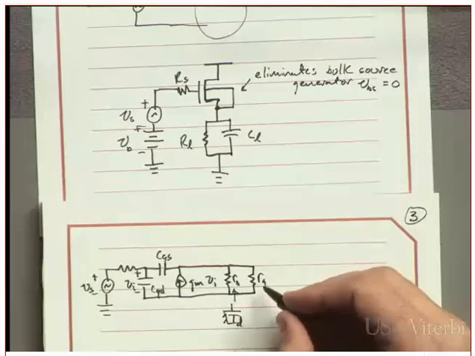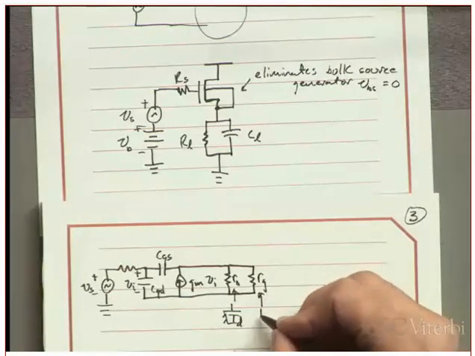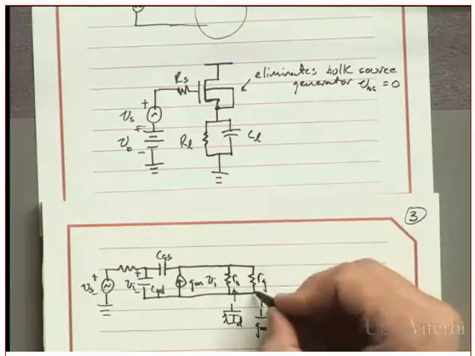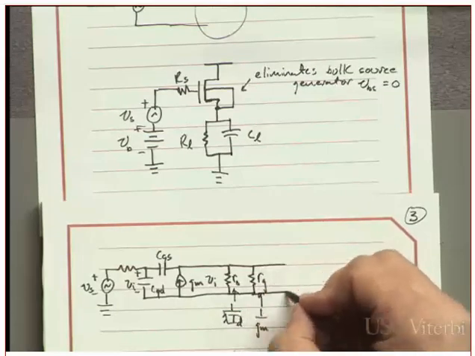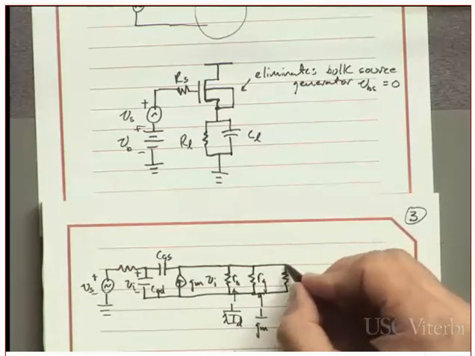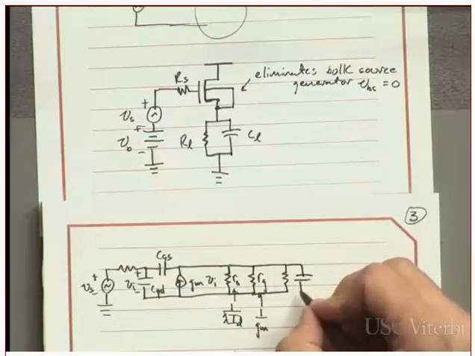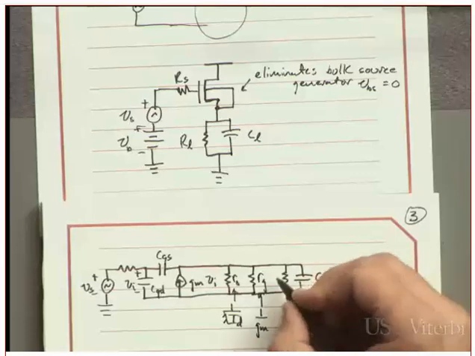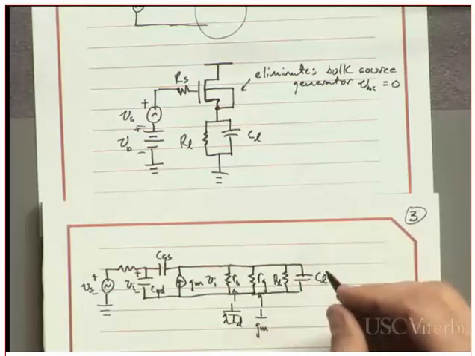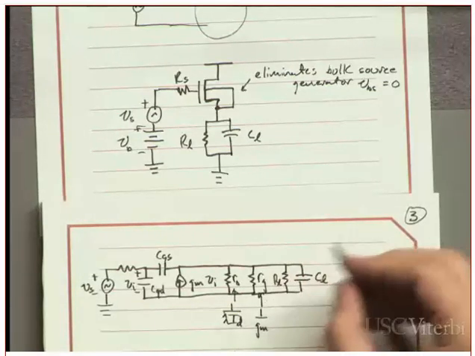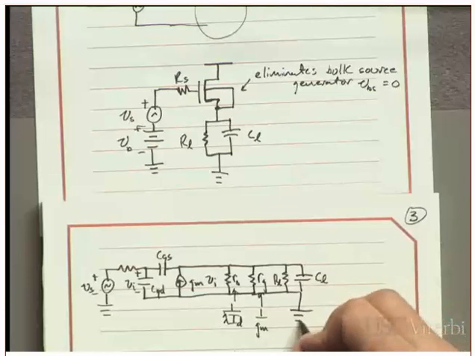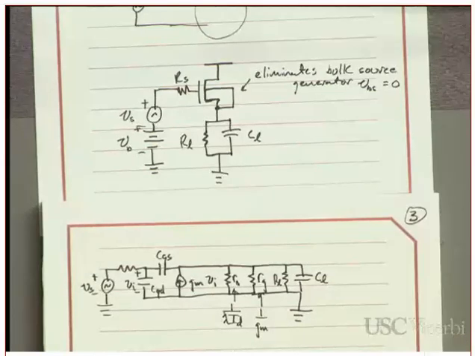And then this one is 1 over GM. And then, of course, I have my load resistance and capacitor, RL and CL, and then all of this stuff is grounded on this side. So that's the circuit that I'm dealing with.